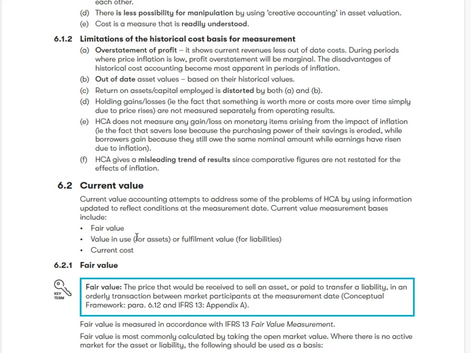Value in use means the cash flows that are expected over the lifetime of the asset discounted today. And the fulfillment value for liabilities is the present value of a liability after 5 years. If you have to pay, what is the present value today? That will be the fulfillment value for liabilities. Current cost, that is the cost today.